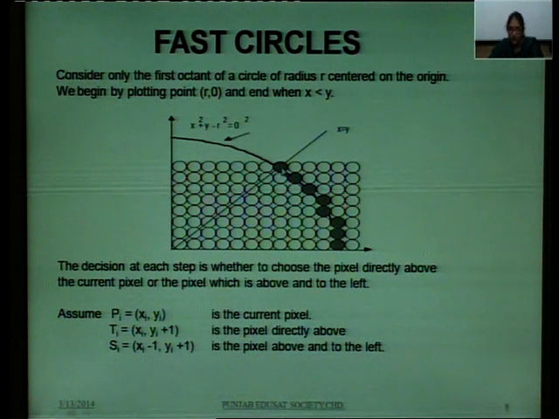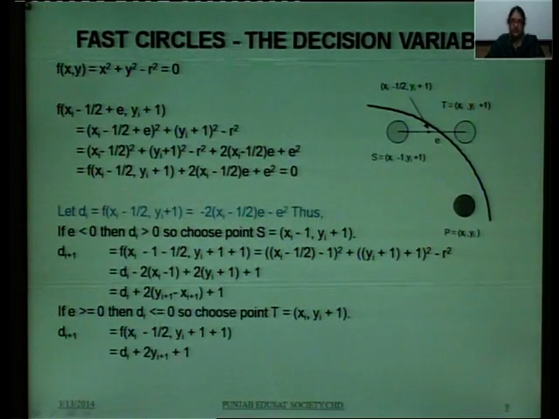So, this is showing the location of the pixels around the symmetry. Some pixels are lying on the symmetry, these are the pixels where x is equal to y, and there are some pixels which are lying below the symmetry and some pixels which are lying above the symmetry. This is the decision variable technique which is used for drawing fast circles.